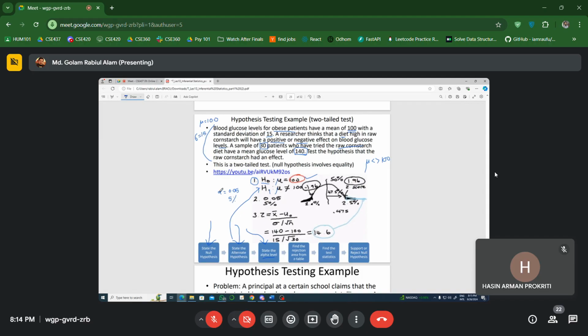It means we can consider 5% of error. If we think about the alpha level, it is a significance level, and the threshold we consider is 0.05, that is 5%, so 5% of error.